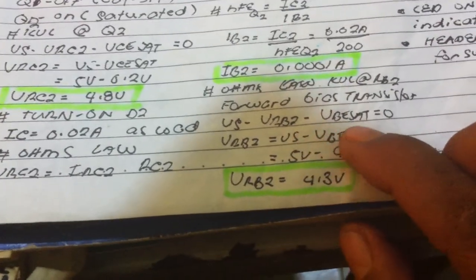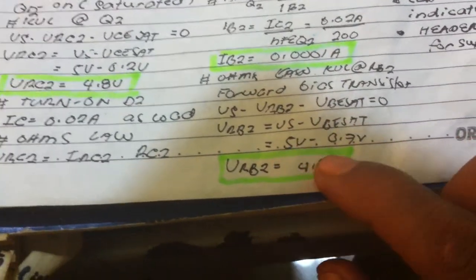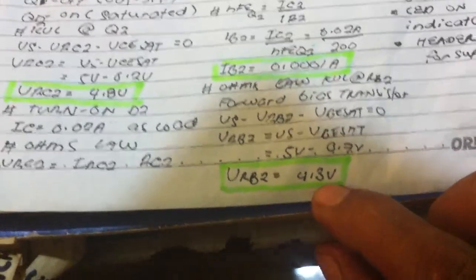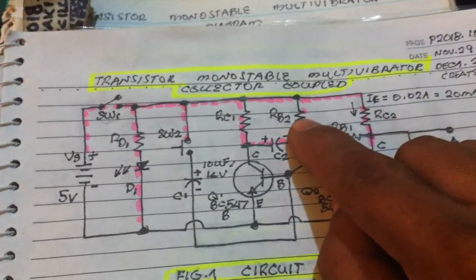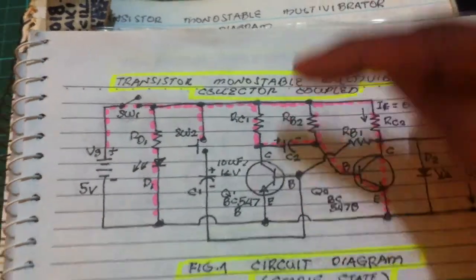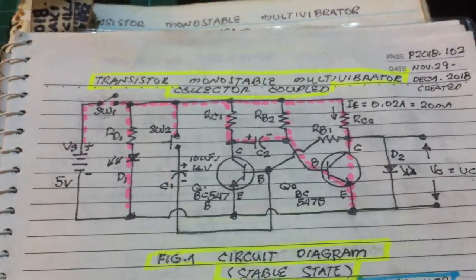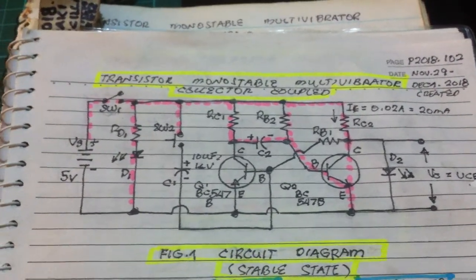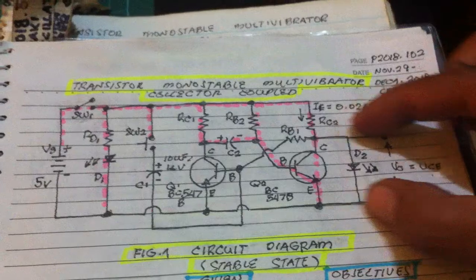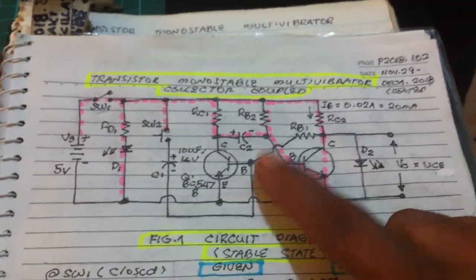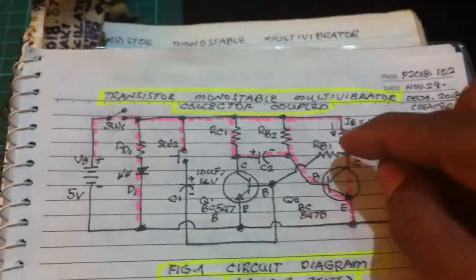Substituting 0.7, we got 4.3 volts. The voltage drop across RB2 is 4.3 volts. That is the current that flows during the stable state of the transistor, taking the output here. We got a voltage drop here.